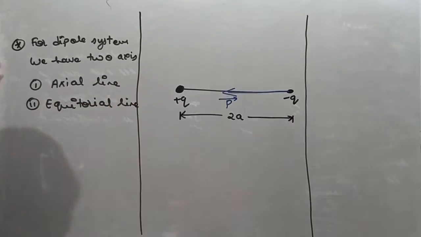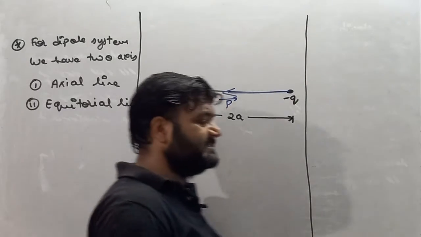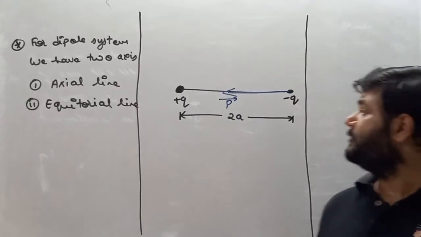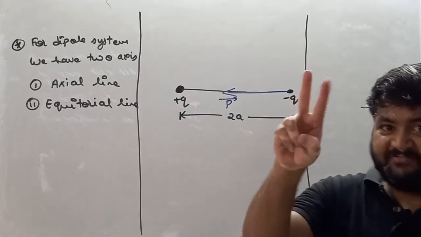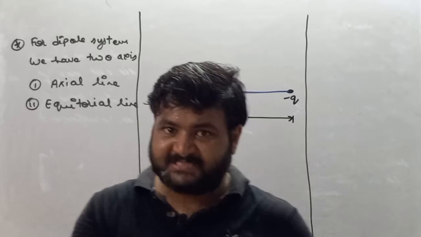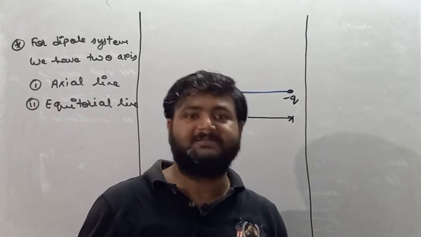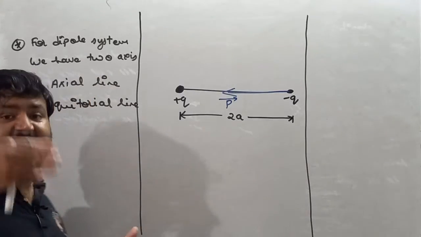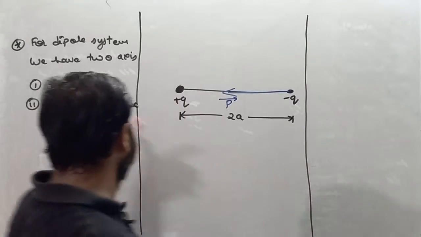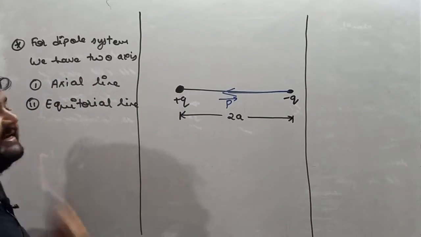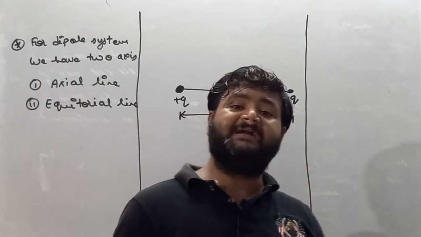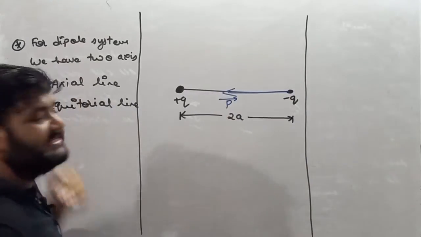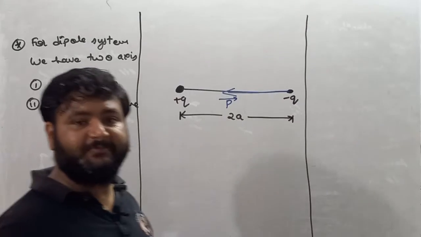Remember, one is the axial line and the second is the equatorial line. We have two different axes for a dipole system. Now we are discussing what actually the axial line is and what actually the equatorial line is.